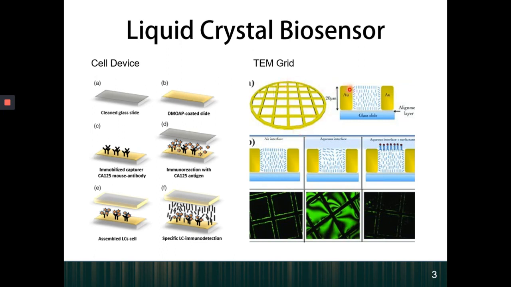So we put the liquid crystal inside the TEM grid here, and you can see this is the liquid crystal here, and the goods detection happens at the liquid crystal interface here. We change the colors here. So these are the two major parts of liquid crystal biosensor applications.